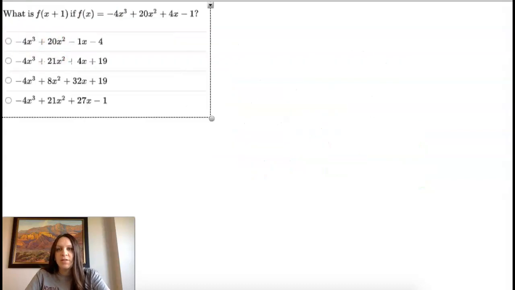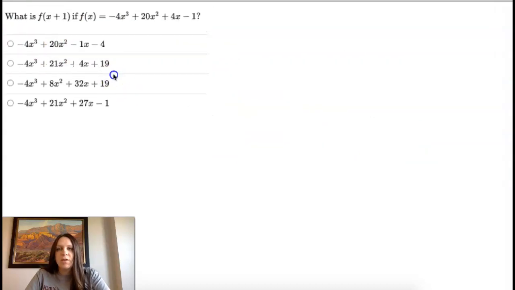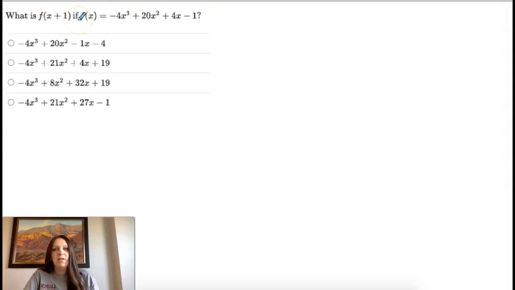We're not always going to be using numbers though. For this particular example, we're inserting the function x plus 1 in for x. So a function within a function. But it's the same concept. Everywhere I have an x, I'm going to put x plus 1.